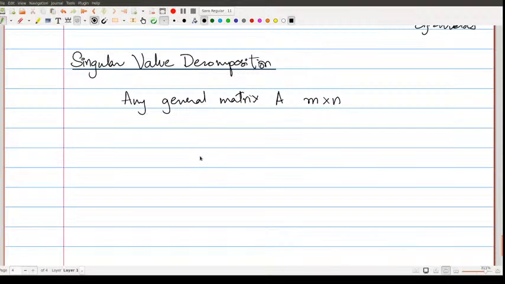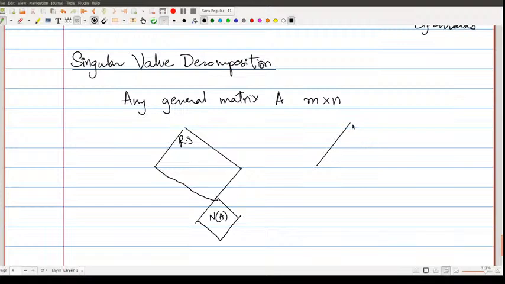If you remember the four fundamental subspaces: this was my row space, this is the null space of A, over here we had the column space C of A, and over here the null space of A transpose.